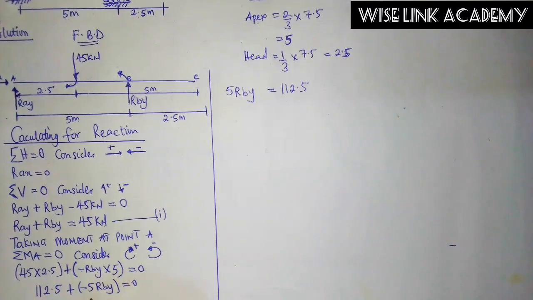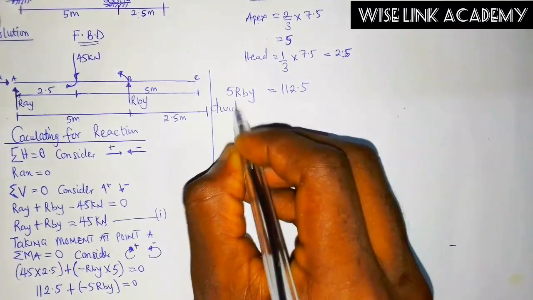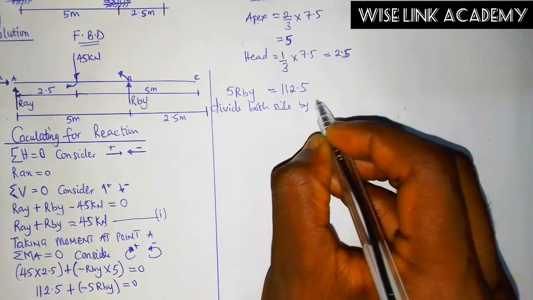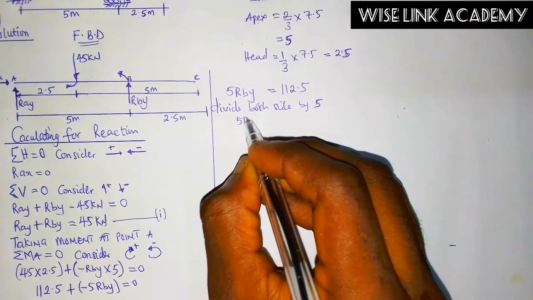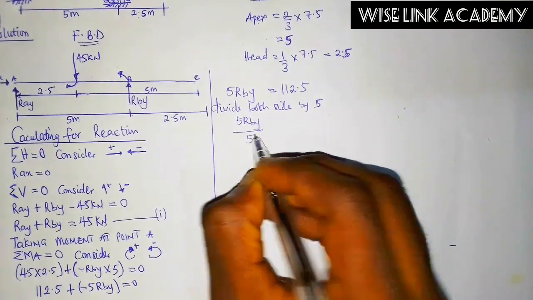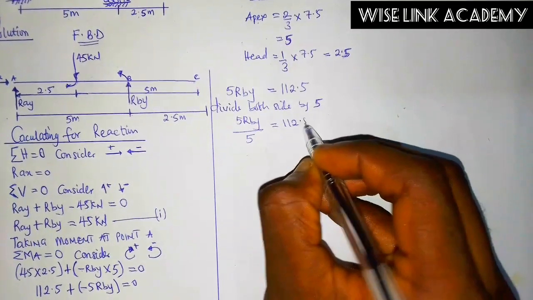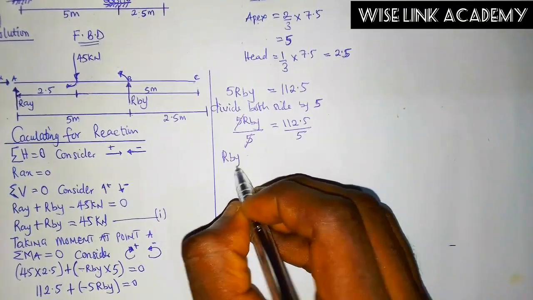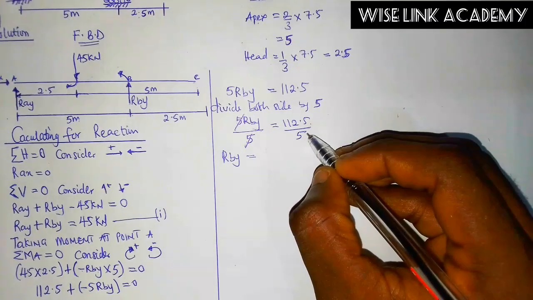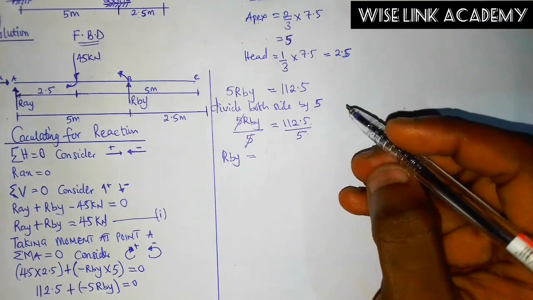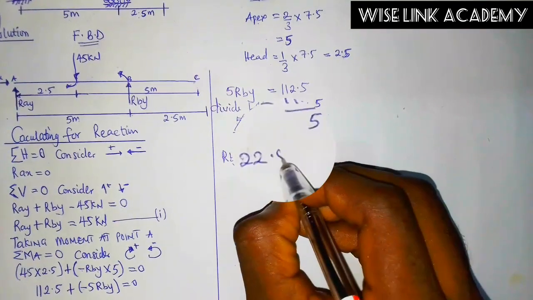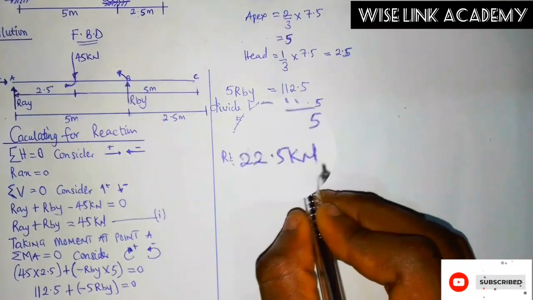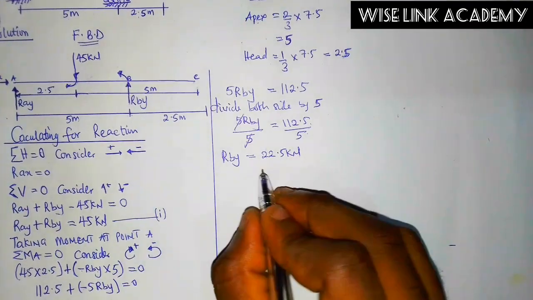So divide both sides by 5. So we are having 5 RBY over 5 is equals to 112.5 over 5. So when this cancels out, I'll be having RBY is equals to 22.5 kilonewton. That is, my RBY is this value. So I've successfully gotten my RBY.